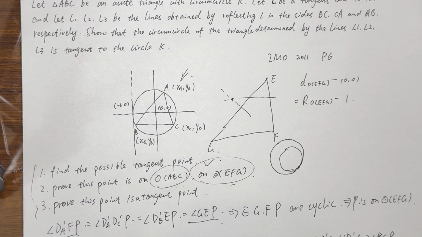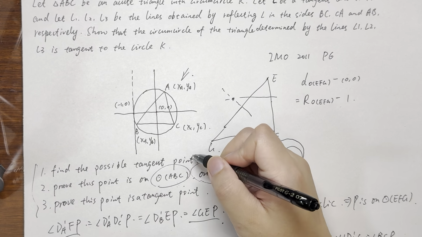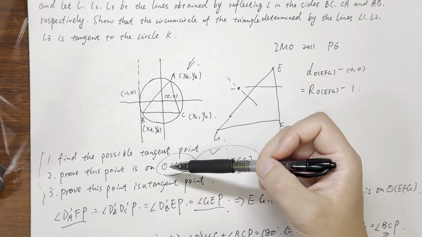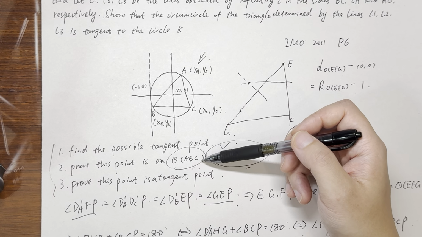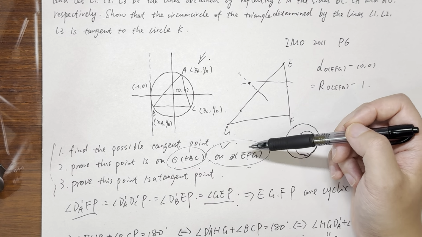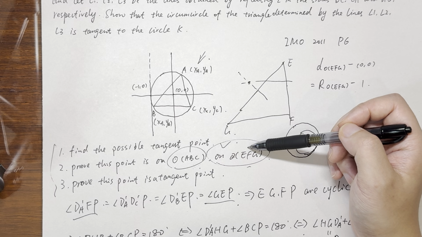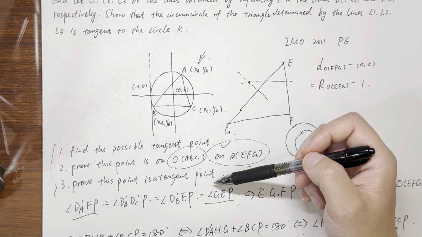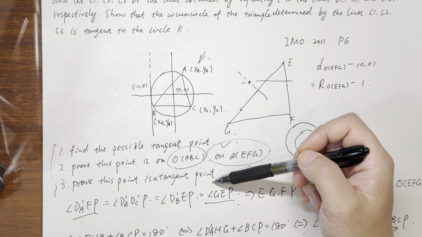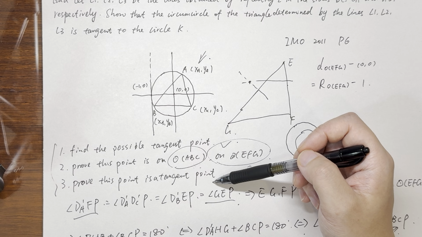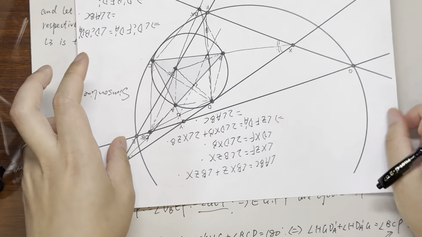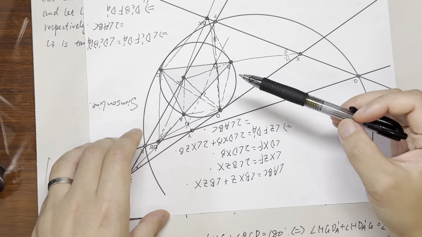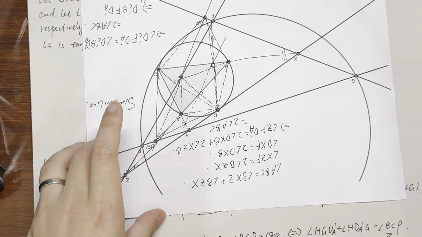The first thing is that we want to find the possible tangent point, and then we want to prove that this point is both on the circumcircle of the triangle ABC and on the circumcircle of the triangle EFG, right? And then we want to find a way to prove that this point is not just an intersection point, but a tangent point.